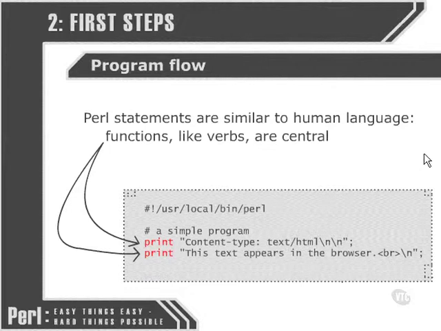So either they're the subject that is doing the verb, or they're an object that the verb is done to. Very similarly in Perl. The print function here is acting like the verb, and whatever comes after the print function is what the function is doing. I won't use the word object.